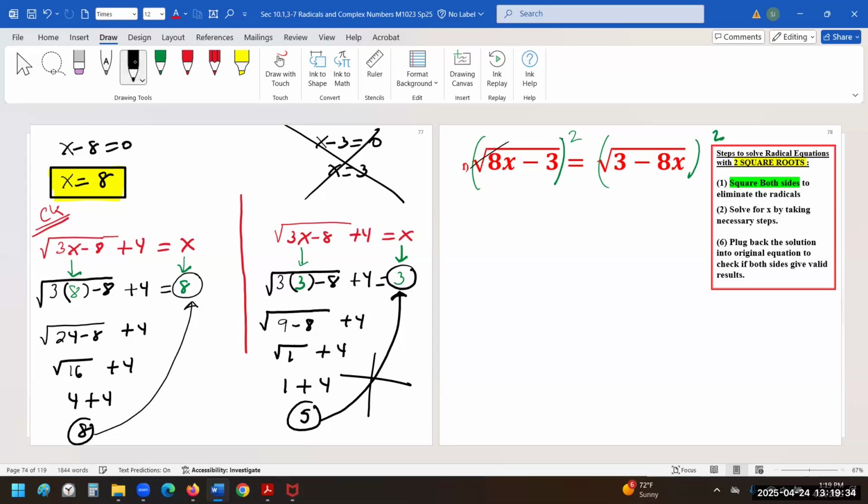So in both cases, the radical and the exponent cancel out. We have inside 8x minus 3 equals 3 minus 8x. Now it's a simple algebraic equation without any radical. So what's next?